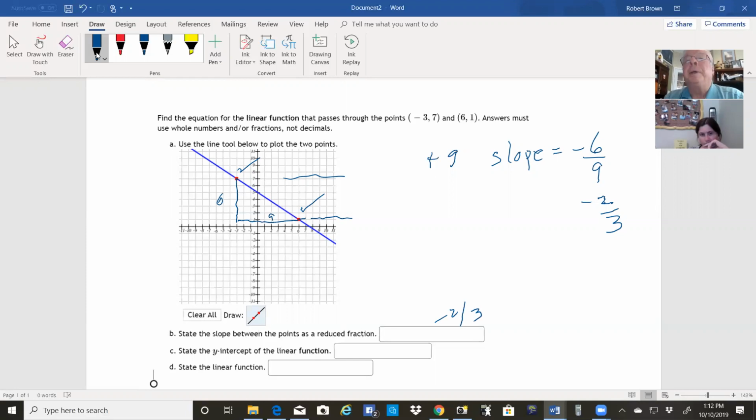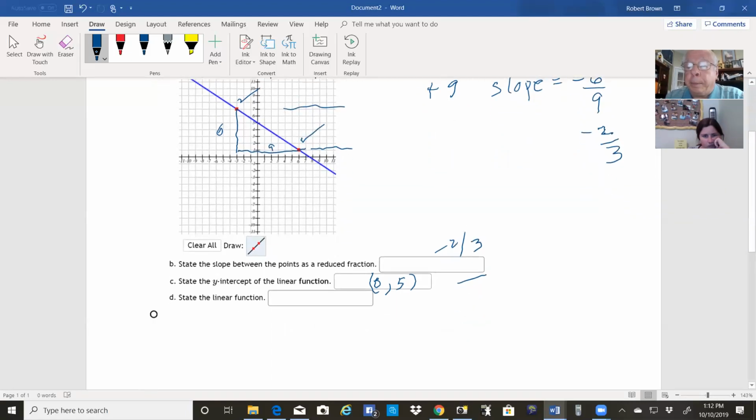What is the y-intercept? The y-intercept is what? It's 5. So it would be x equals 0 and y equals 5. Now I notice that sometimes, you know, the y-intercept is really supposed to be 2 points. The x value being 0 and the y value being the y value on the y-axis. But I noticed on one of the other questions, you should have just put in 5.